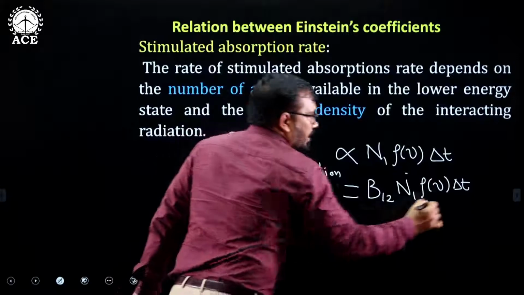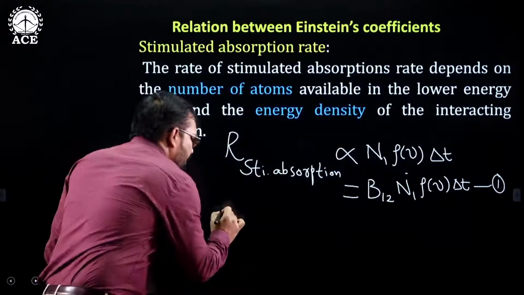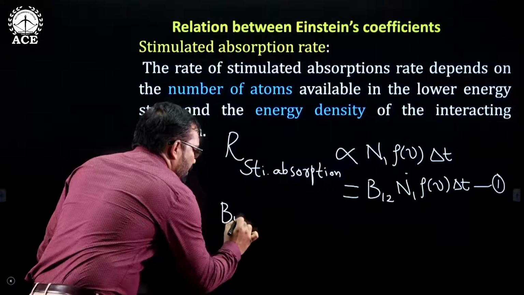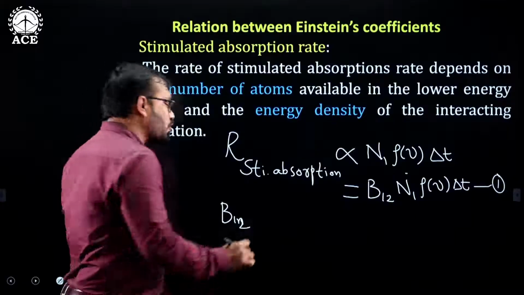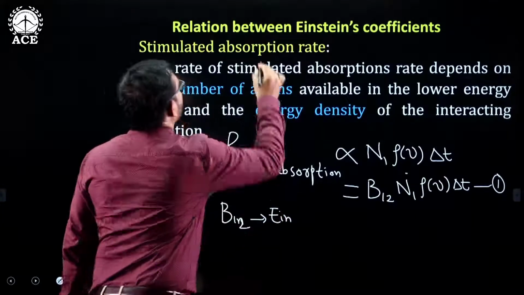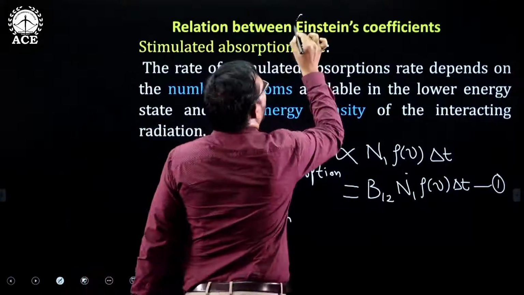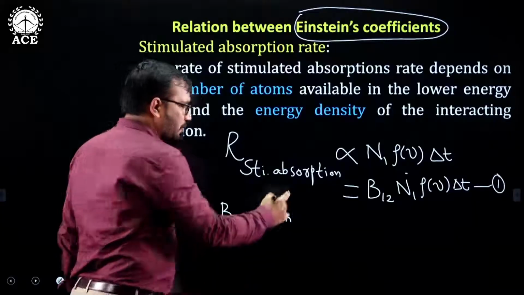Let this be equation 1. What is B12 here? Einstein coefficient. Now we got one Einstein coefficient.